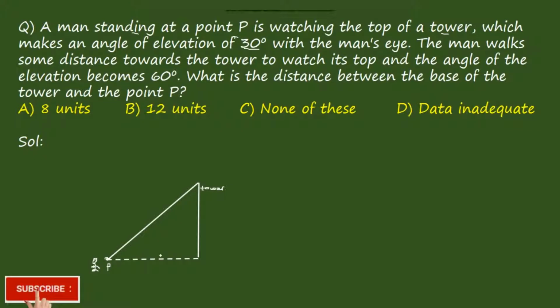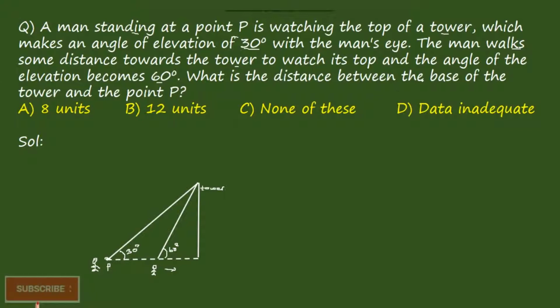With the man's eye, the man walks some distance towards the tower. Then it is making an angle of elevation of 60 degrees, looking at the top of the tower. This angle is 60 degrees.